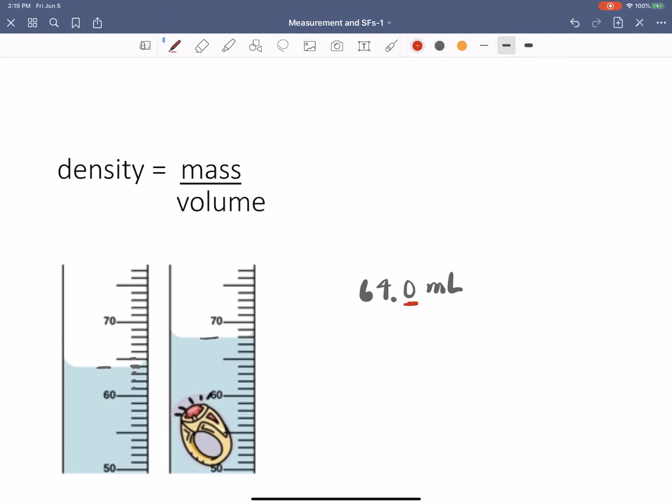And this 0.0 is because it's not between 64 and 65. It's on the line with 64. So when we see the estimated place to be a 0, that tells us on the line.